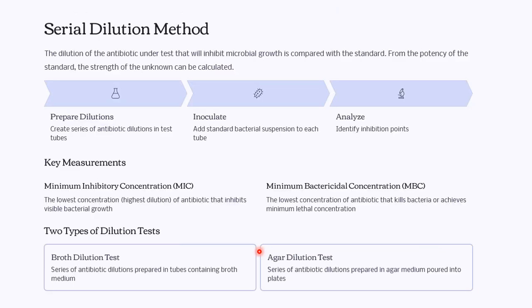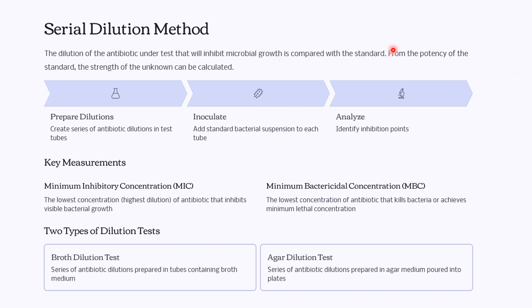So the first one is serial dilution method. In serial dilution method, the dilution of the antibiotic under test that will inhibit microbial growth is compared with the standard.